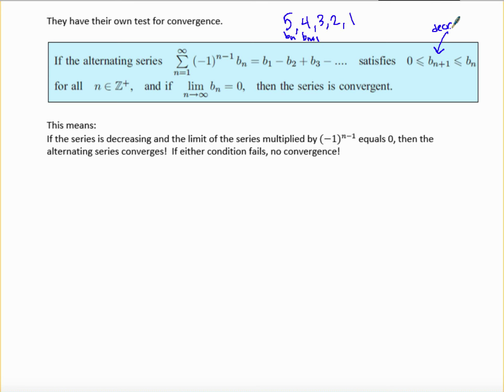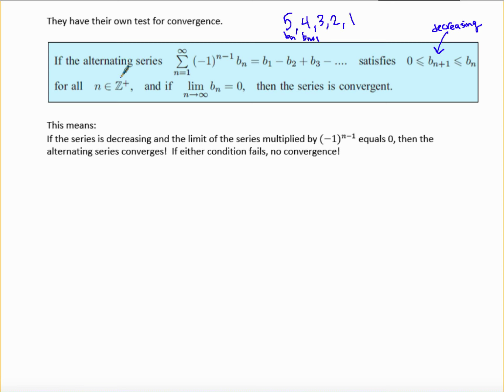I know sometimes the way these statements are written makes it look a lot more complicated than it actually is, but you've got this. So this is saying that as long as it's a decreasing sequence and n exists in the set of positive integers, meaning n has to be a whole number. That makes sense, right? You can't have a 1.5th number in a series.